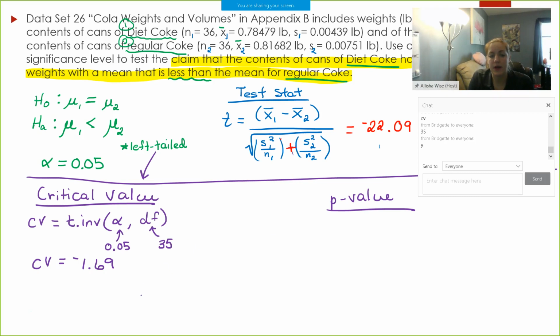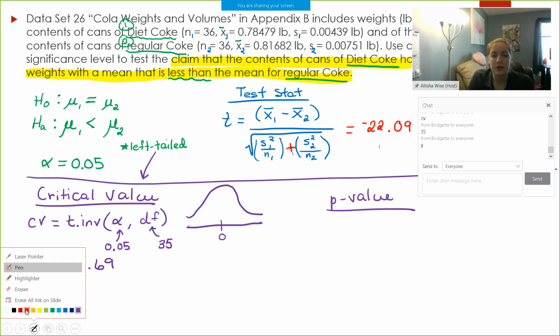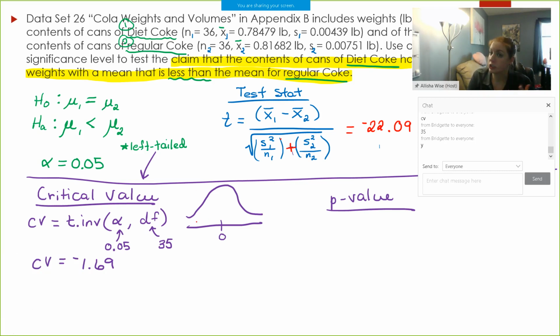If you remember, we have our t distribution that looks like our normal distribution, zero in the middle. Our critical value determines where the rejection region is. So our critical value, CV, is at negative 1.69.